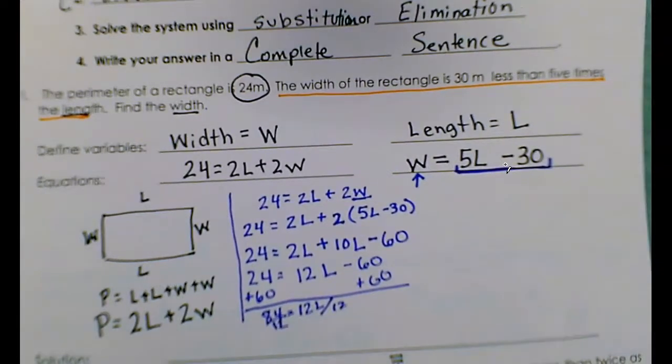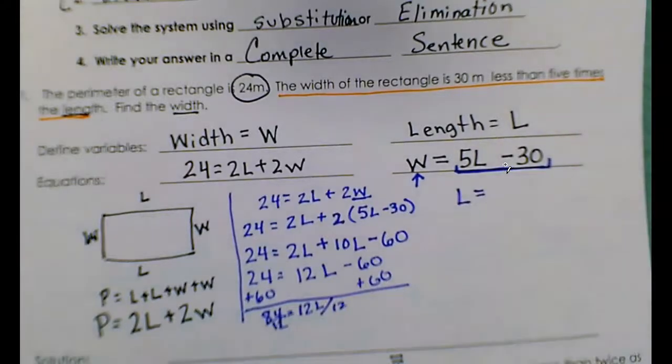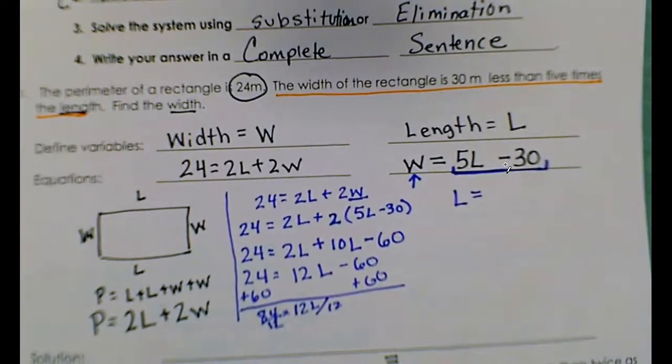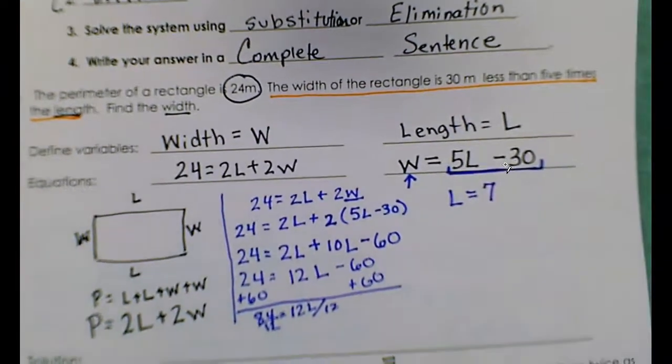So, how many times does 12 go into 84? Yes, 7. And so this is a length of 7.